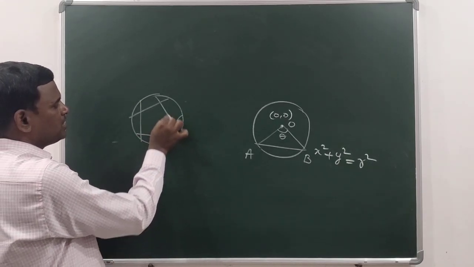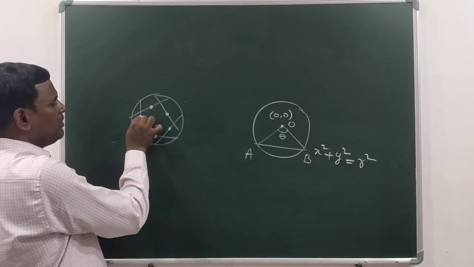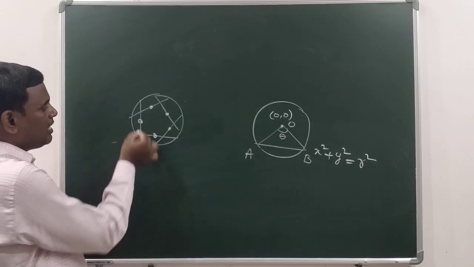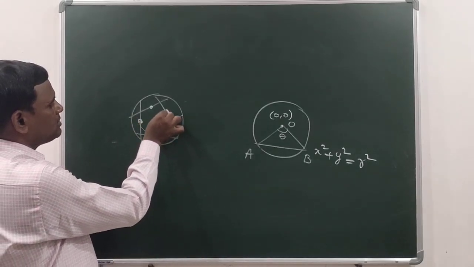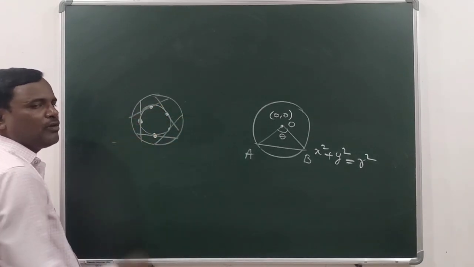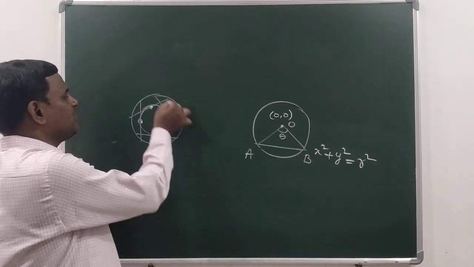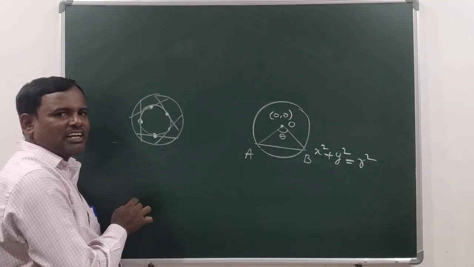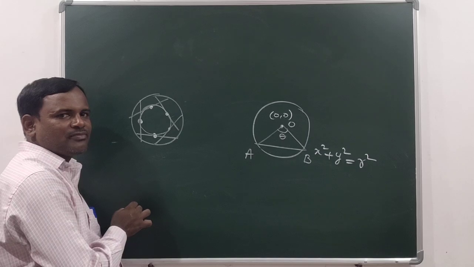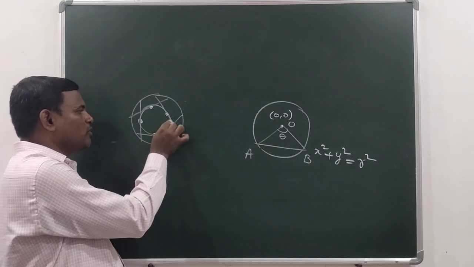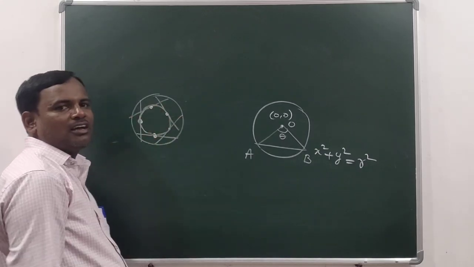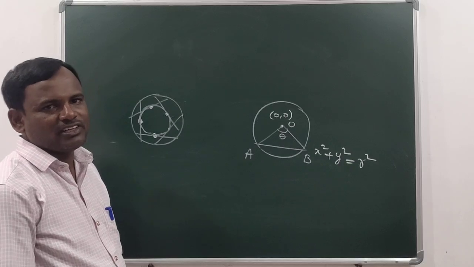Now identify whose midpoints, and connect all these midpoints. Again, you will get a circle which is concentric with the given circle. So here you would have to find this circle's equation.